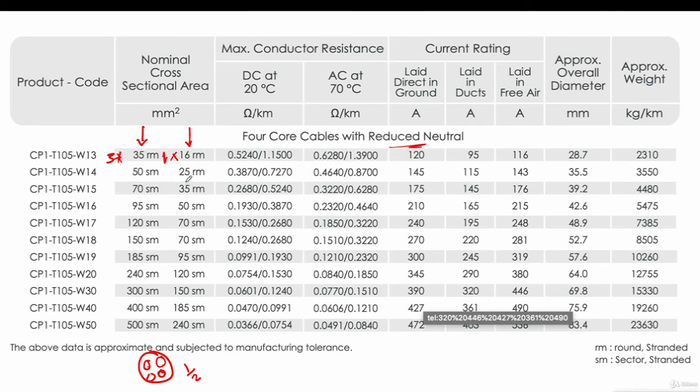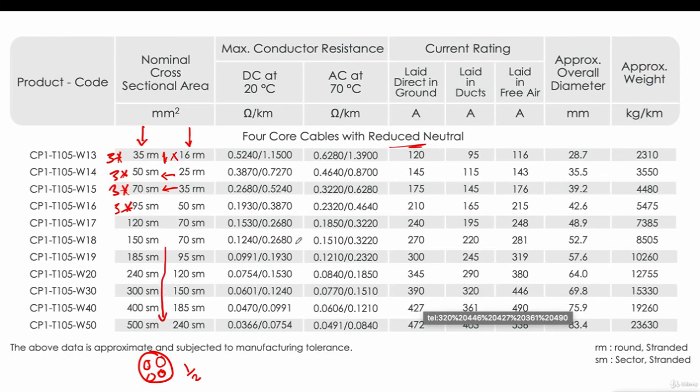We are using 25 square millimeters with 50 square millimeters, 35 square millimeters with 70 square millimeters, and 50 square millimeters with 95 square millimeters, 70 with 120, 70 with 150, 95 with 185, and so on.